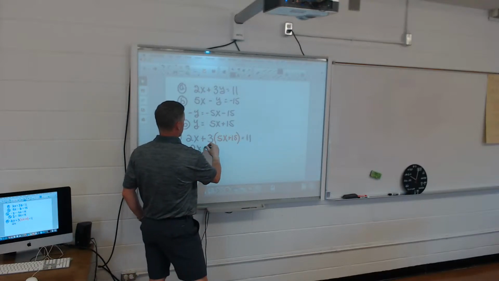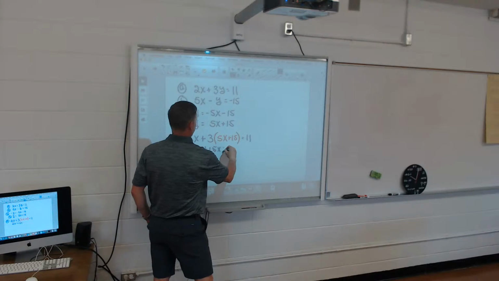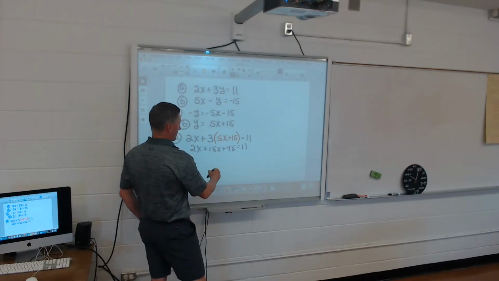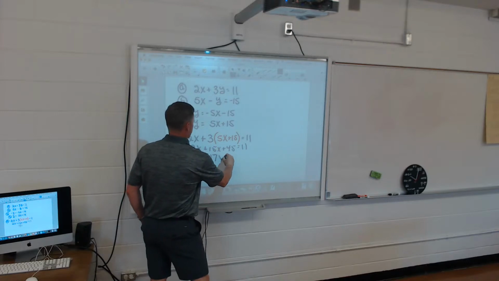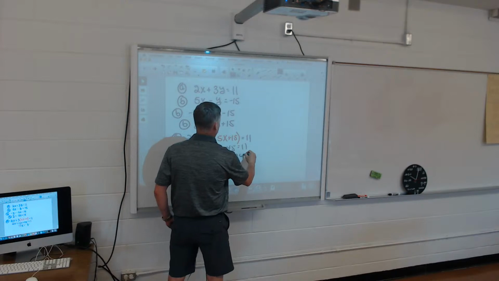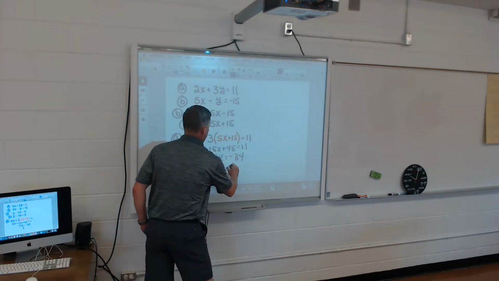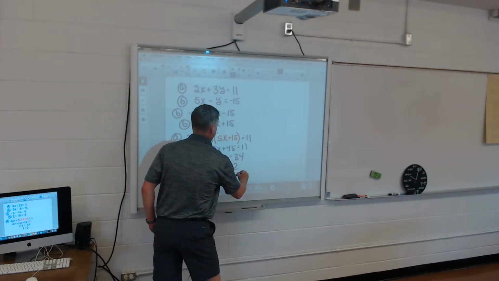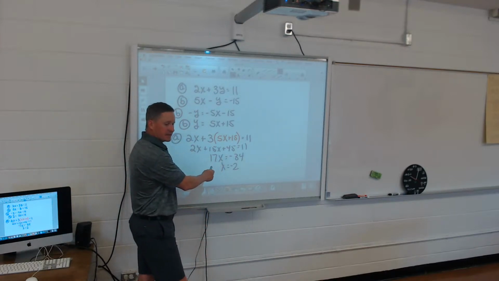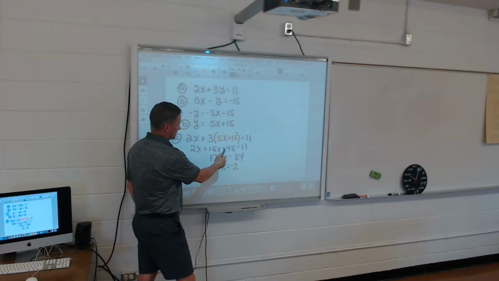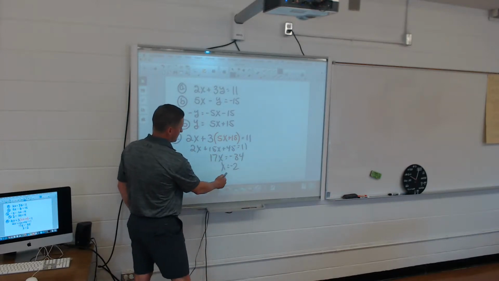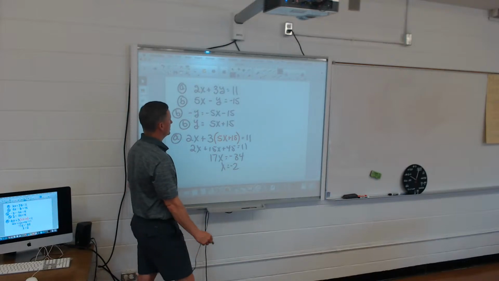So I have 2x plus 15x plus 45 equals 11. 17x equals minus 34. X is equal to -2. Okay, so 2x and 15x make 17x. I subtracted the 45 to the other side. That gave me -34. Divide by 17, I end up with -2.